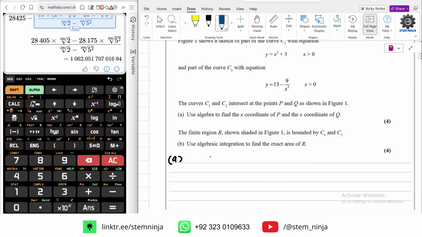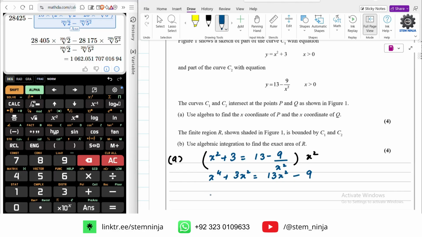So we just have to equate these two equations. So x squared plus 3 is equal to 13 minus 9 over x squared. What we can do is multiply both sides by x squared to get x raised to power 4 plus 3x squared equals 13x squared minus 9.